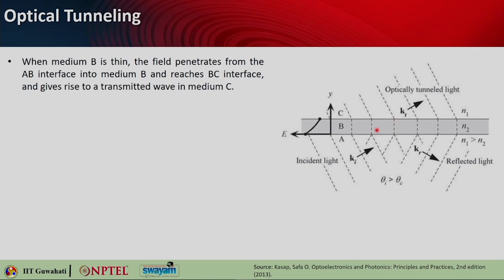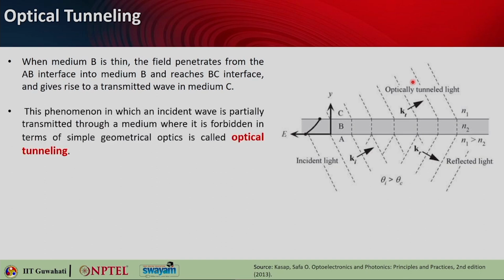So what is supposed to be a total internal reflection, but as the field is able to penetrate this thin layer B, it is also able to reach somewhat outside. So this light was initially not allowed, but because of this thin layer, light has now tunneled through this different medium, although it is having that kind of condition. So this particular light is called optically tunneled light.